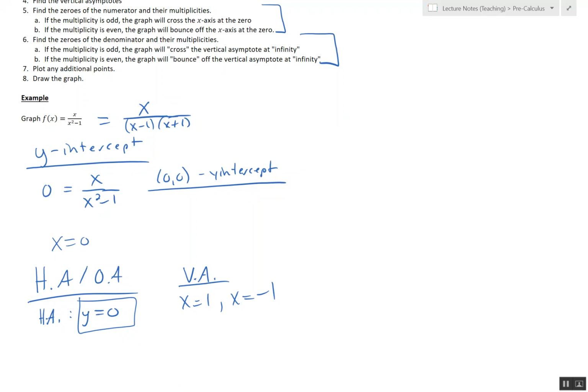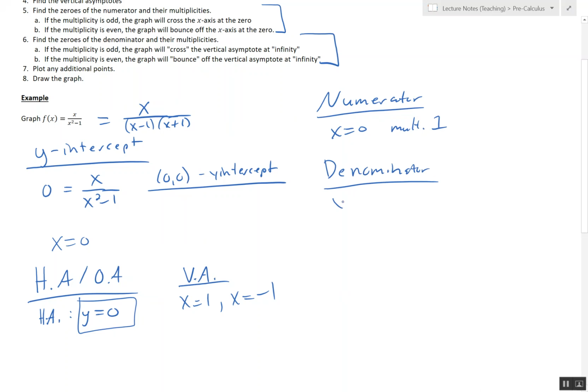So now we have to find the zeros of the numerator and denominator. So for the numerator, we have x equals 0 with multiplicity 1. For the denominator, we have x equals 1 with multiplicity 1.